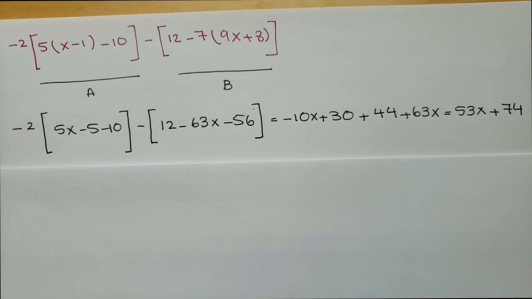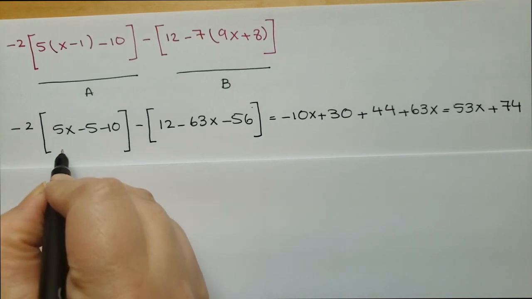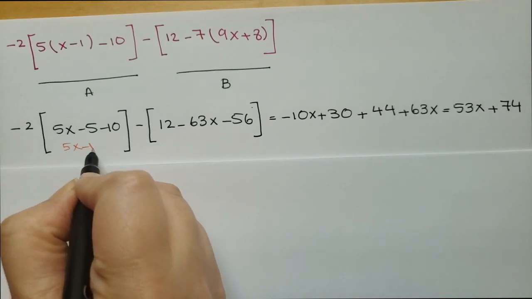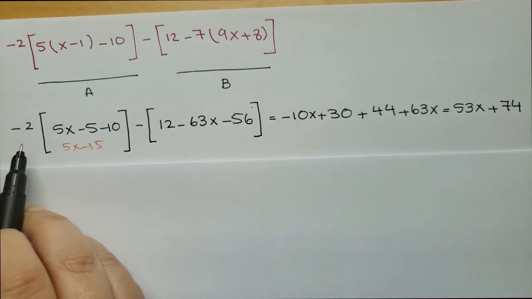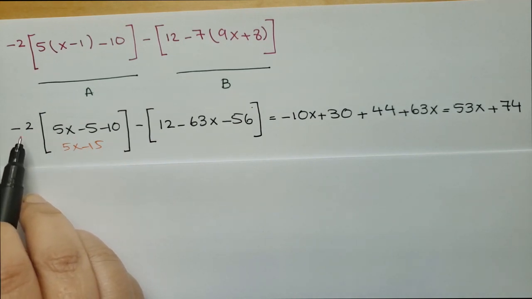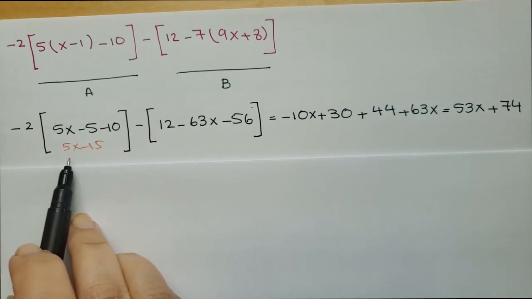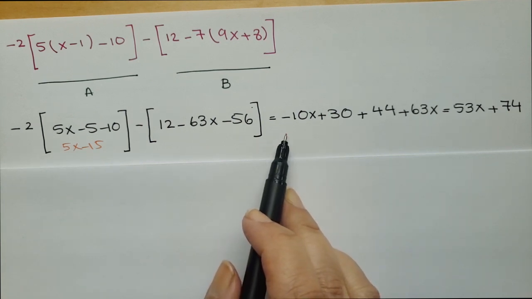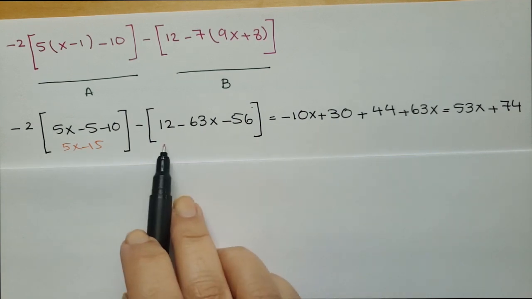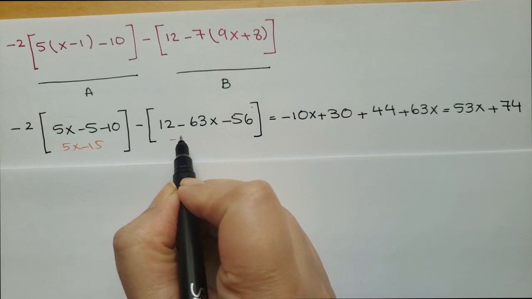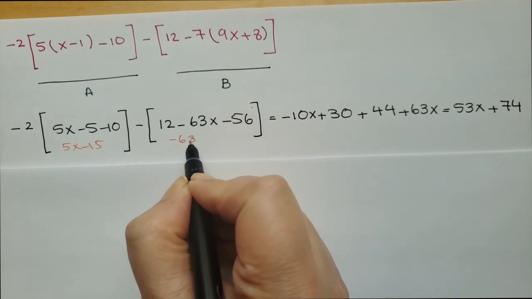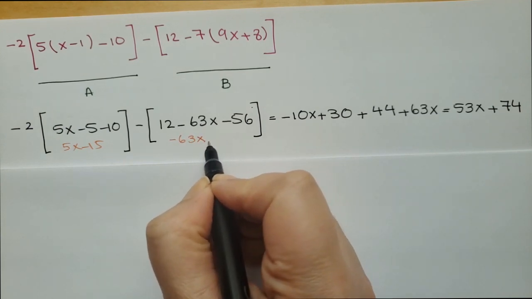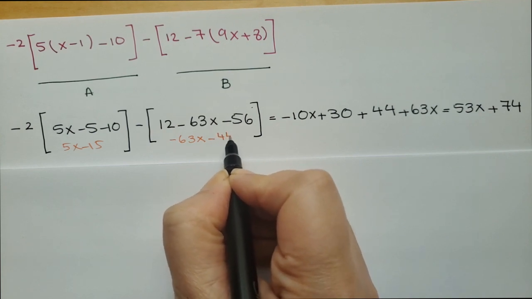Okay, now 5x minus 15, and remember there is a -2 in front, so this -2 will be multiplied by each term: -10x plus 30. And here if I simplify, that would be -63x and then -44.